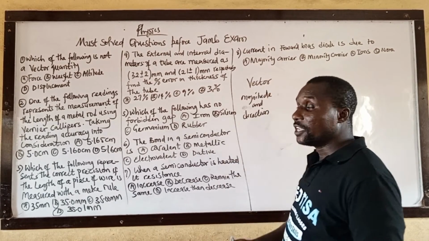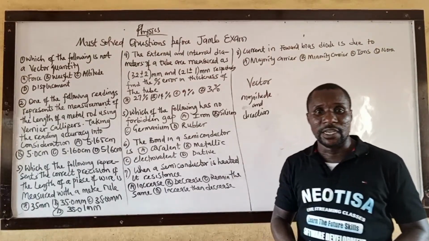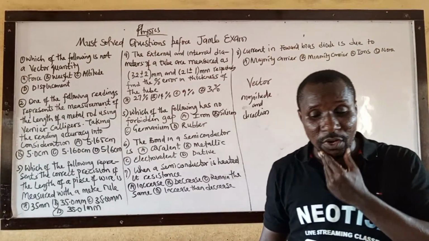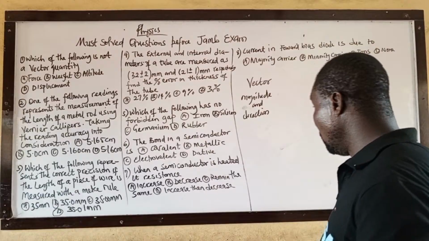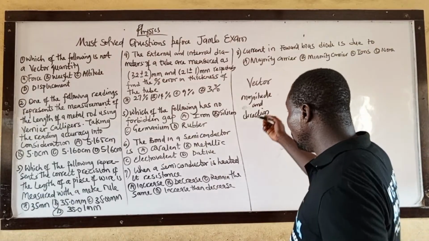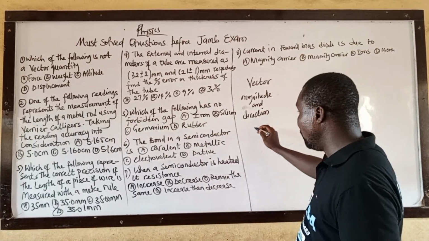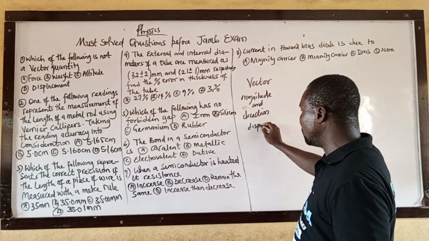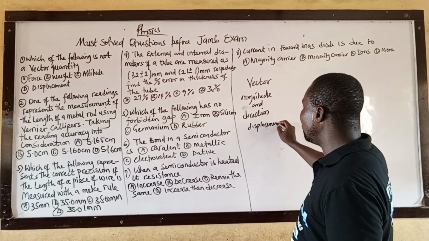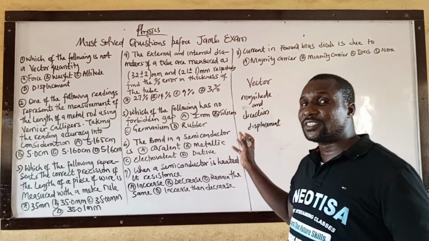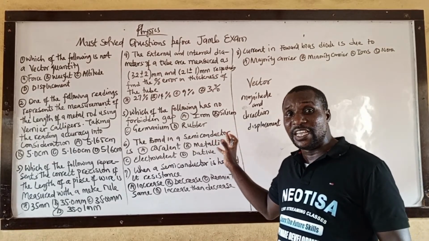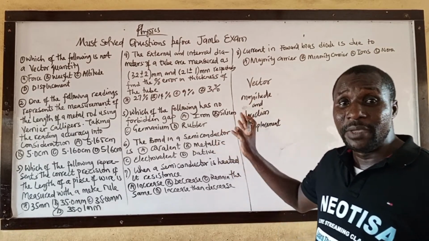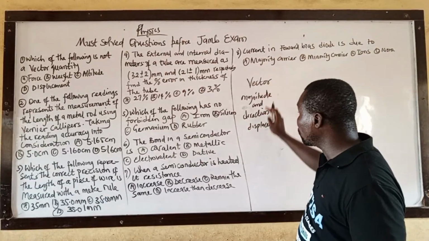What are the vector quantities? Please, you have to take note of them. We have displacement. Jamb said this one. These are the examples that Jamb makes use of under vector quantity.